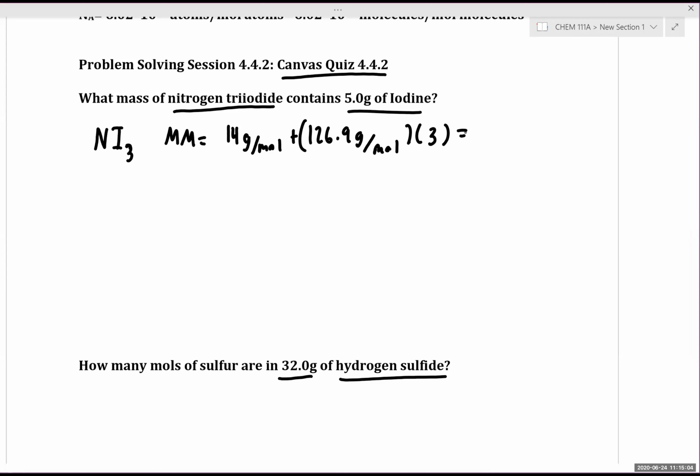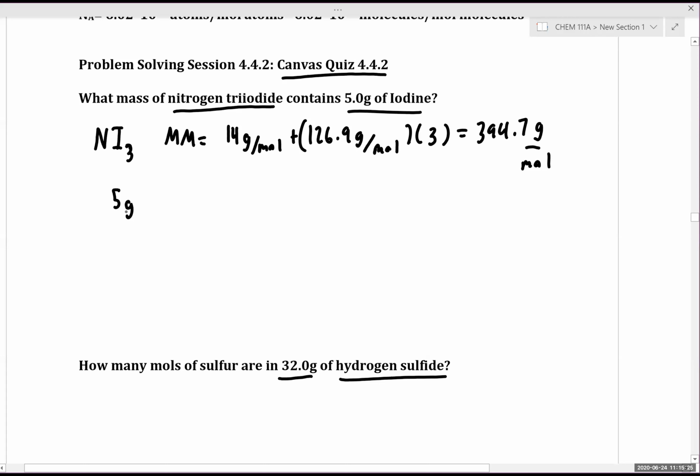So punching that into our calculator, that in turn gives us a molar mass of 394.7 grams per mole.